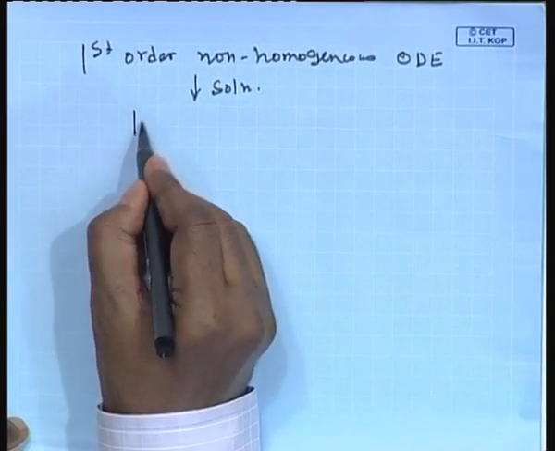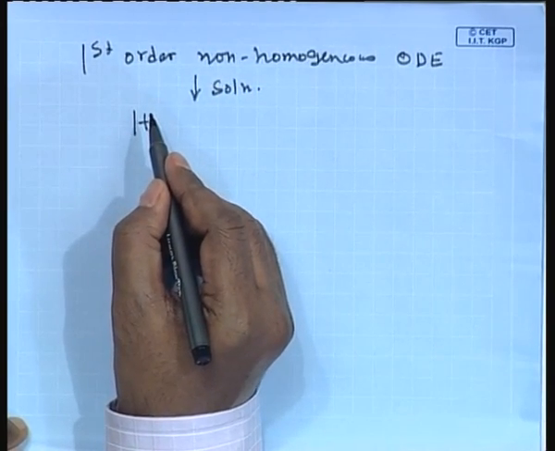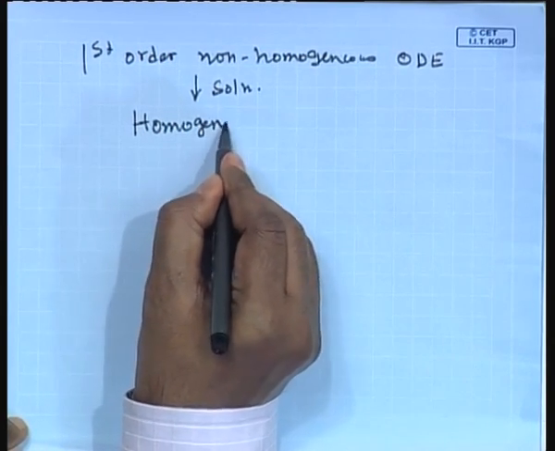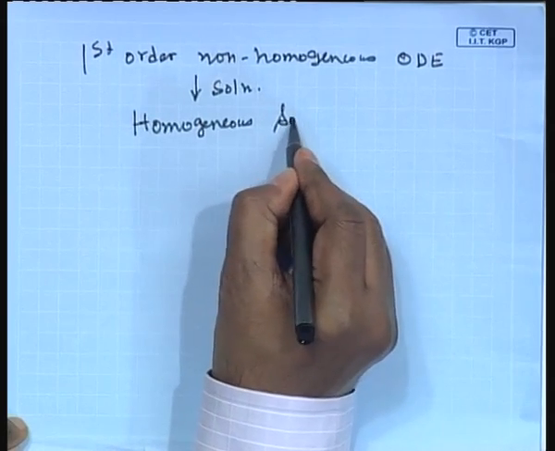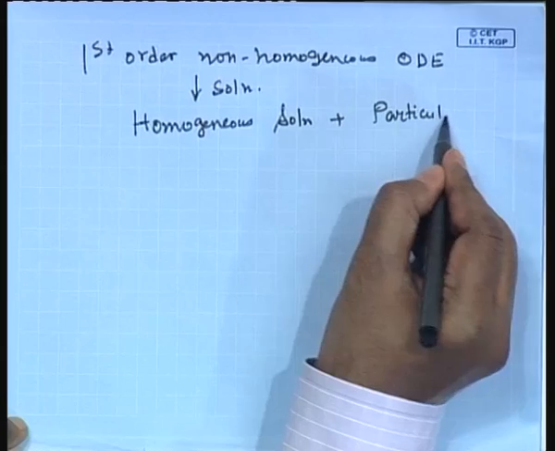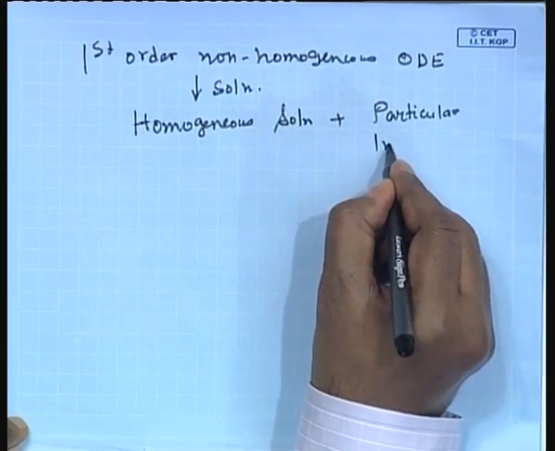One is the homogeneous part, another is the particular integral, right. Homogeneous solution plus particular integral.